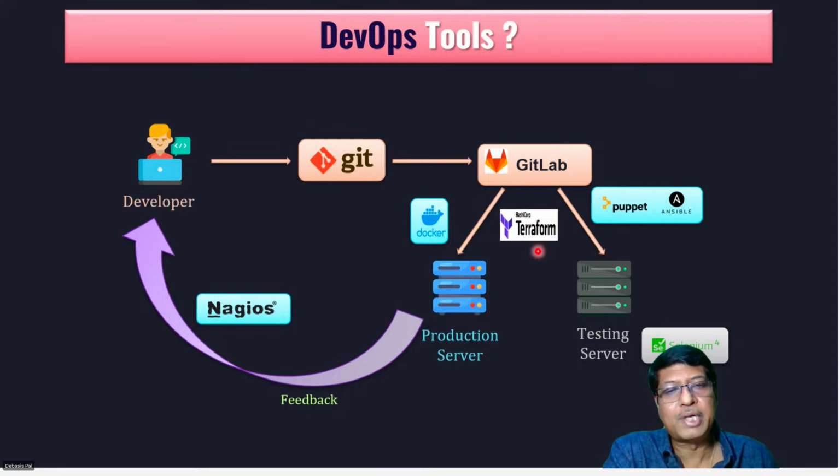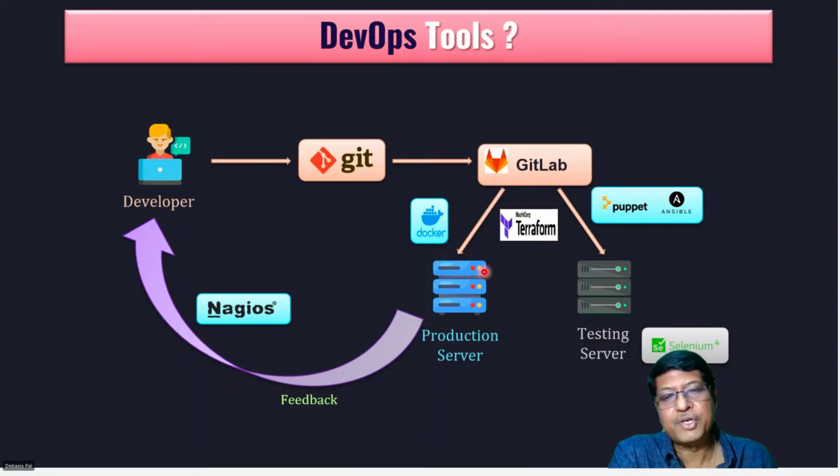Through Terraform it can create a testing server on which the build will be deployed for the testing team to test it over Selenium. Once the testing is fine and there are no issues, then you can go for pre-production deployment where the UAT will happen. If there is good feedback, then you can go for the final release. It will come the similar way, test the release and then put it into the production server.